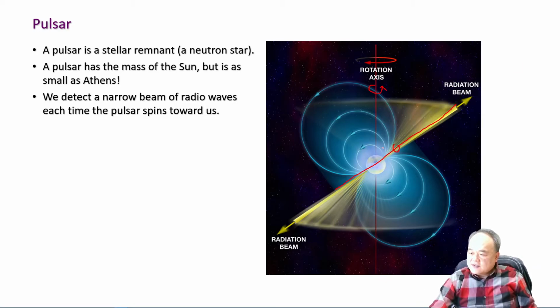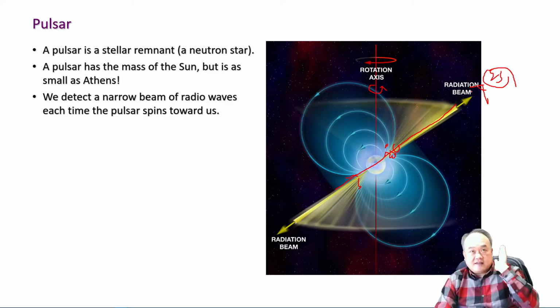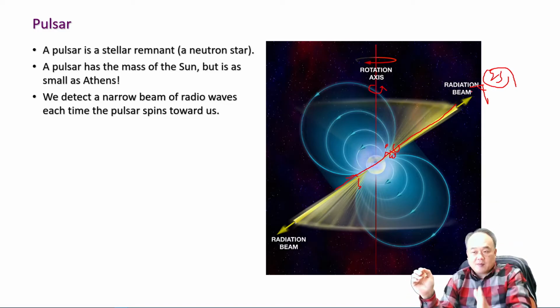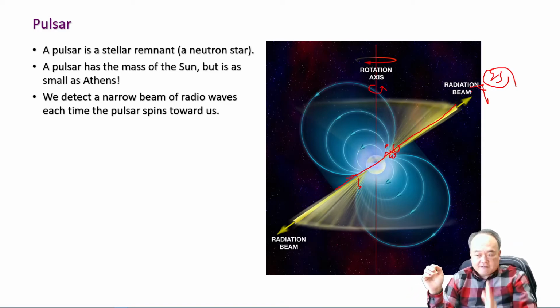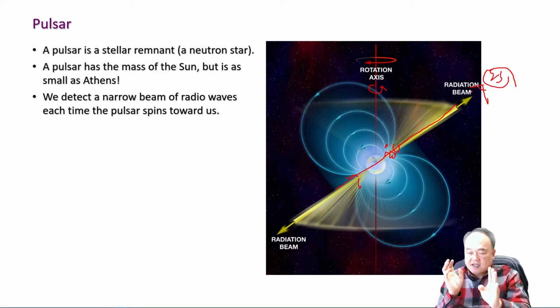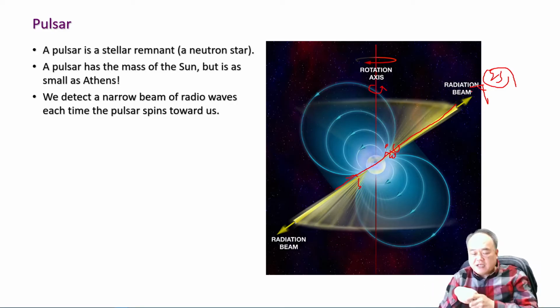Around the polar regions, there is a strong concentration of synchrotron radiation, and if the Earth happens to be in this direction and we point our radio dishes there, then we see a really fast pulse of radio emission appearing at a really exact interval, with pulses separated by only a few milliseconds.